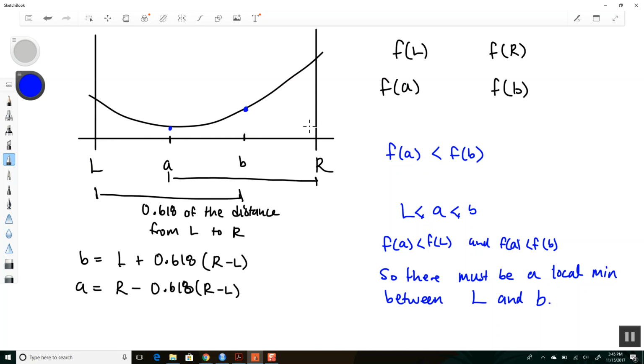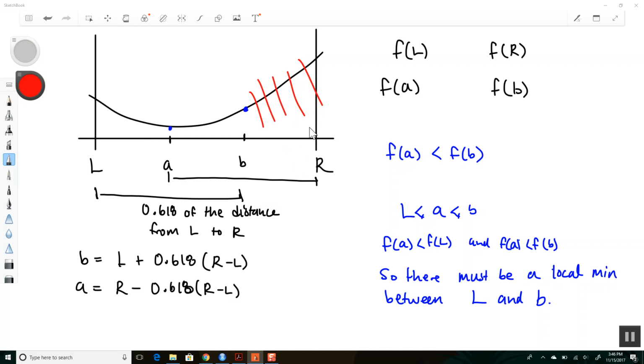And what we then do is we throw this away. So now we have an interval, L, A, and B, and because the function at A is less than the function at B, we know there has to be a local min between L and B. We don't have to worry about the spot between B and R anymore.